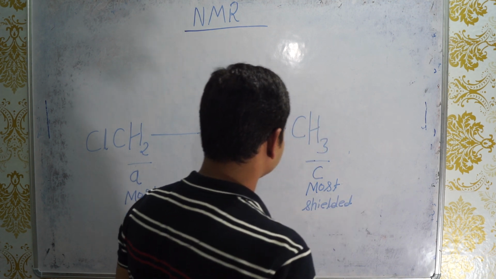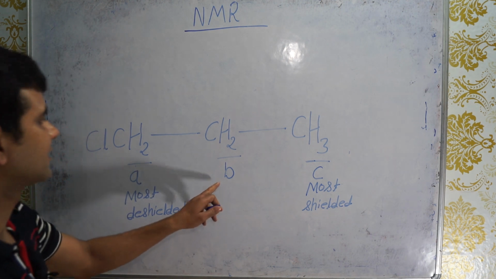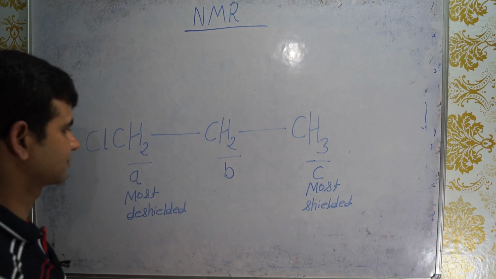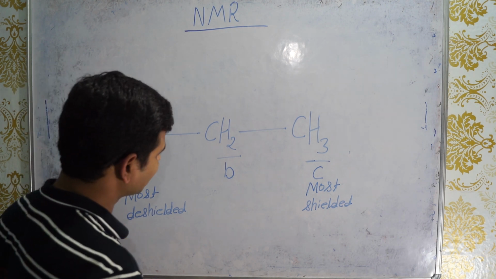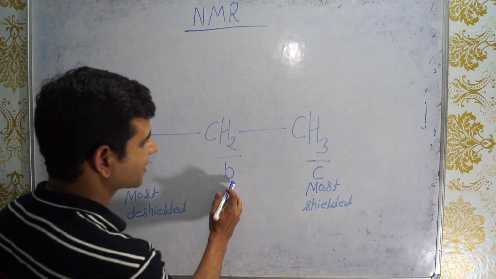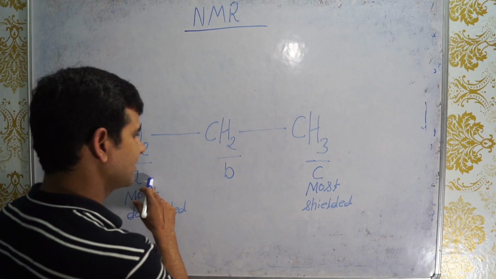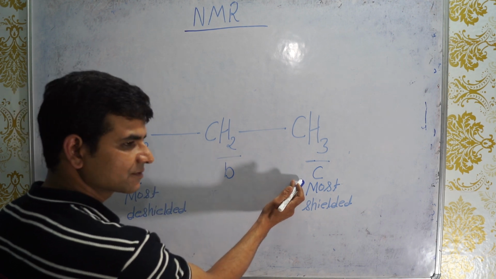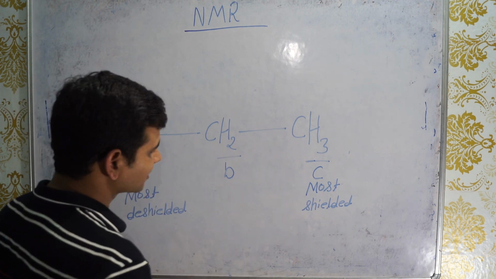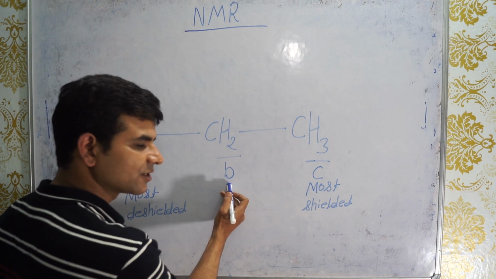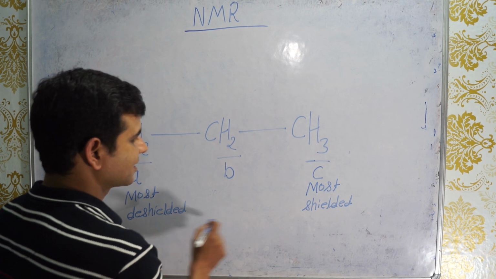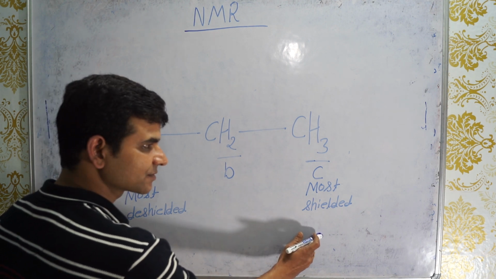Now come to the type B hydrogen atoms. Type B hydrogen atoms are in the middle of type A and type C hydrogen atoms. In other words, type B hydrogen atoms are between the most deshielded and the most shielded hydrogen atoms.